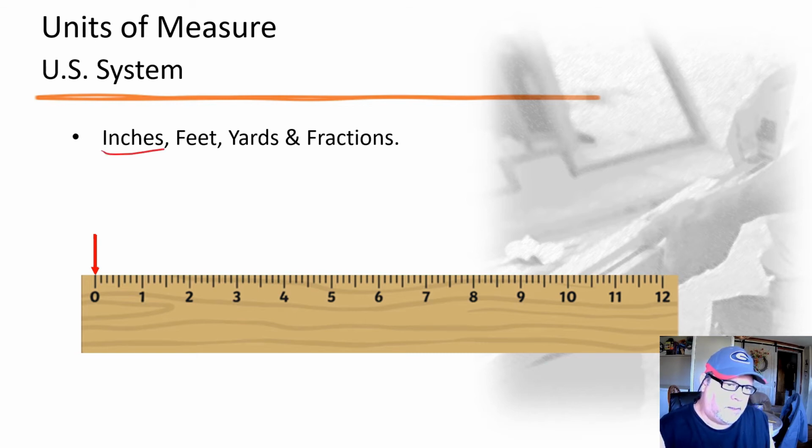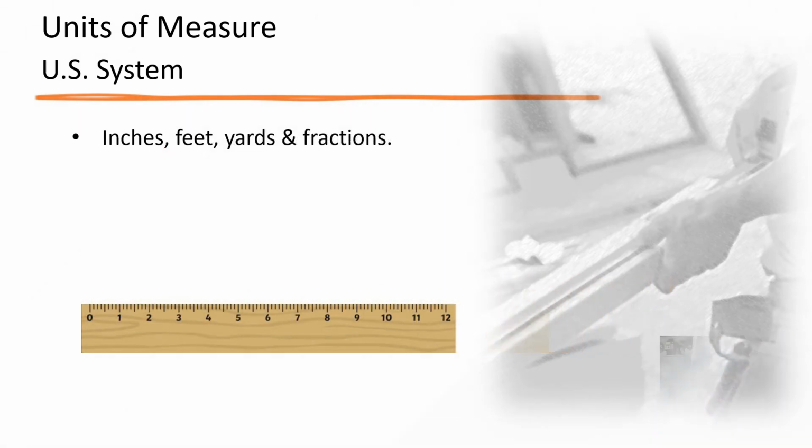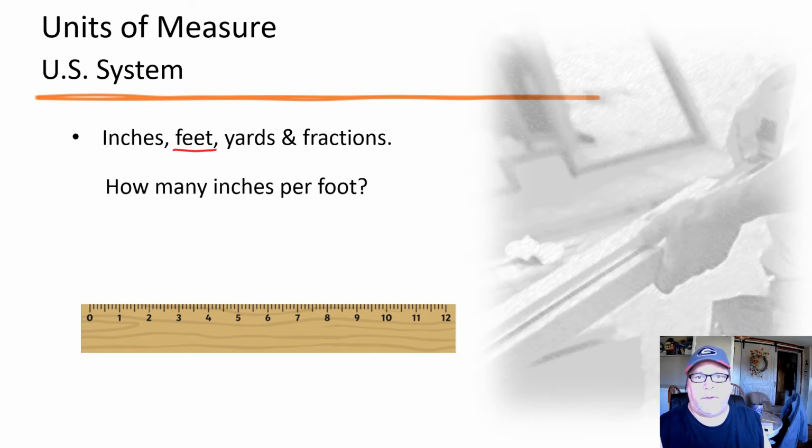All right, here we're going to talk about inches. This is an inch, from here to here. That's a standard 12-inch ruler, and that's 1 inch. All right. Now we see feet. How many inches are in a foot? 12 inches in a foot.